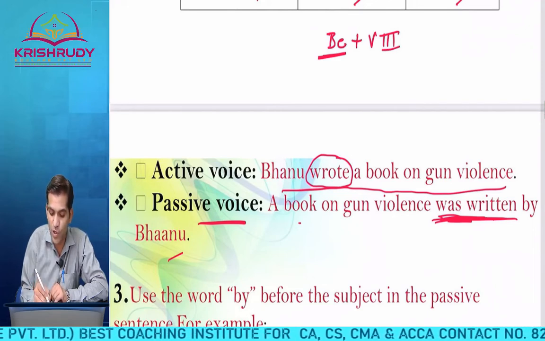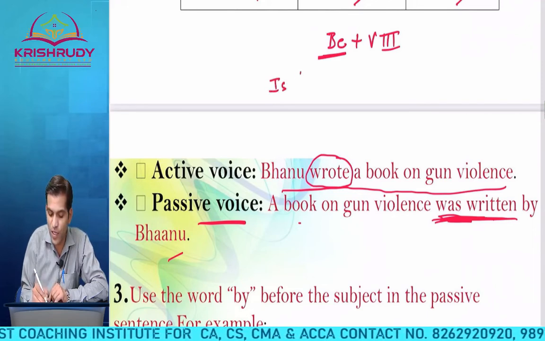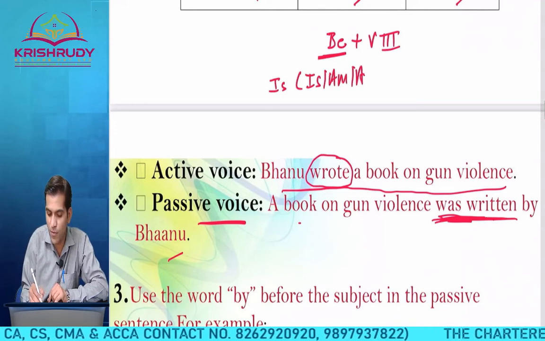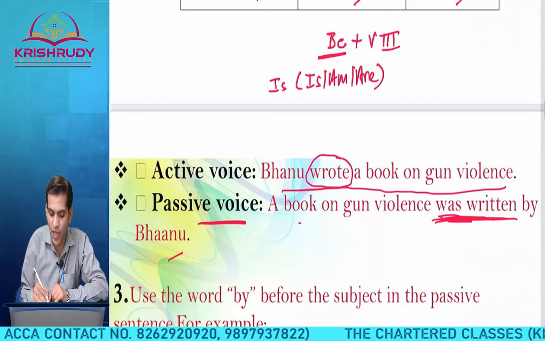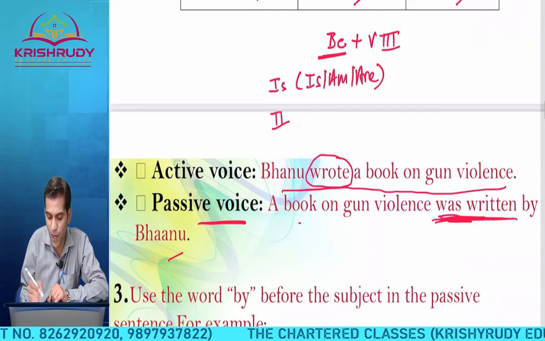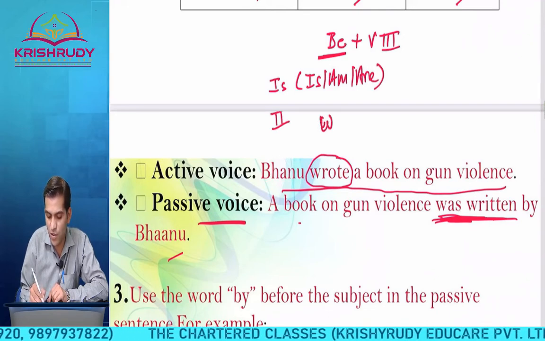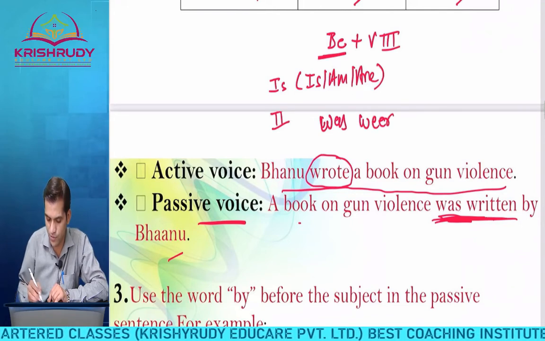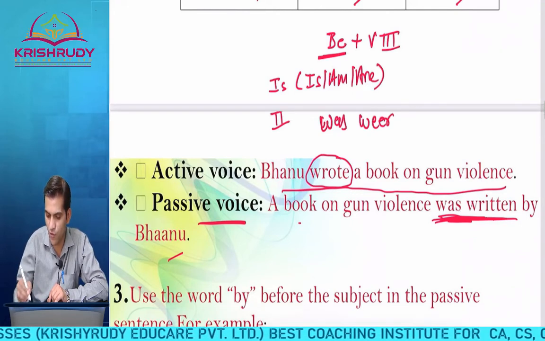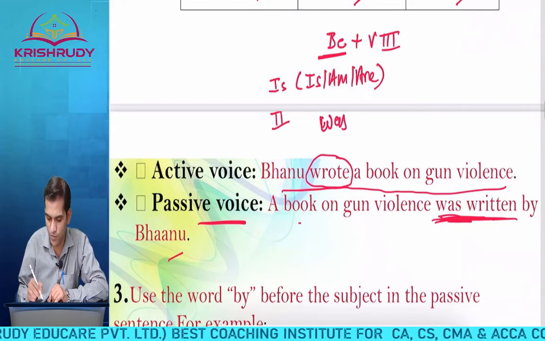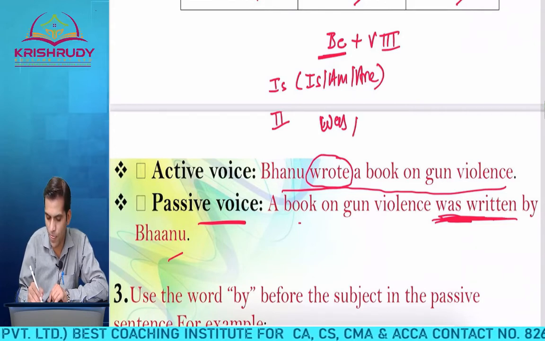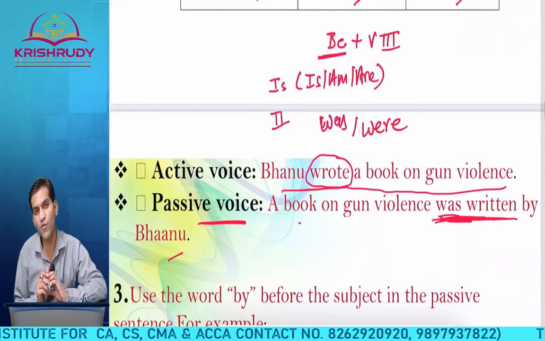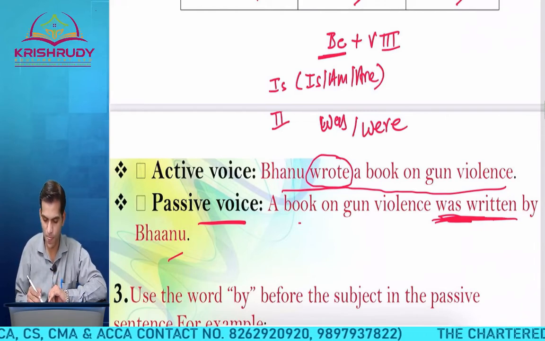I already told you that the first forms of be are is, am, are, and for the second form, which is past, we use was and were. Was for singular and were for plural.